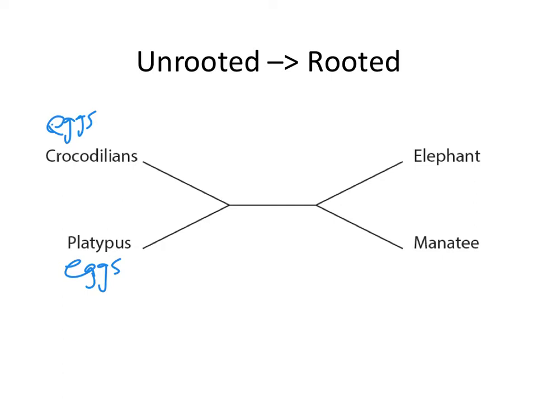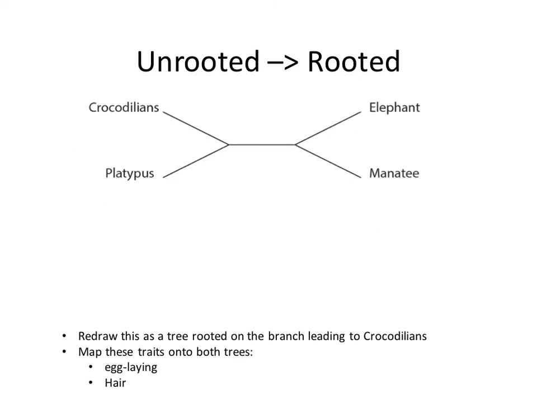So when you root a tree, then you draw it from the past to the present, and it's a little bit more simple to infer the flow of time and how traits evolve. So this is practice time now to practice taking this tree and drawing it as a rooted tree. The instructions are to redraw this tree as a tree that's rooted on the branch leading to crocodiles.